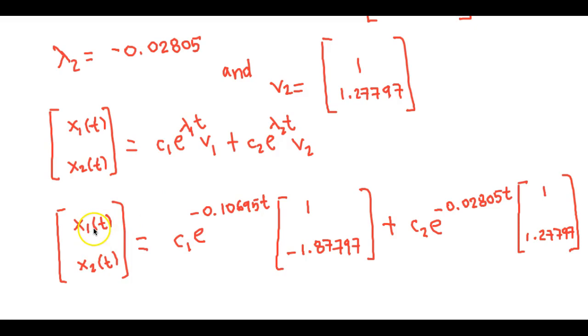So we could write the solution x1 of t, x2 of t as this linear combination: c1 e to the negative 0.10695 t times this vector plus c2 e to the negative 0.02805 t multiplying this other vector.